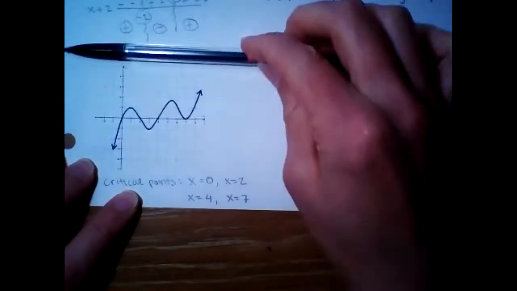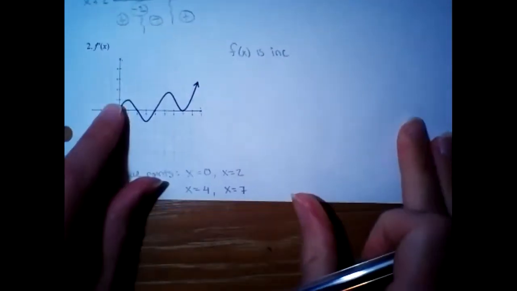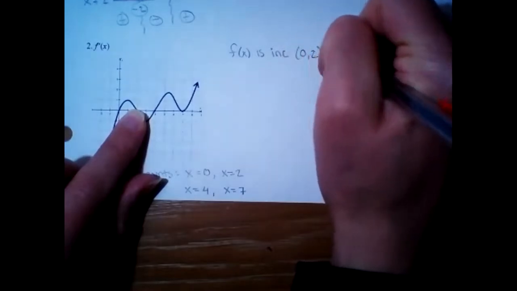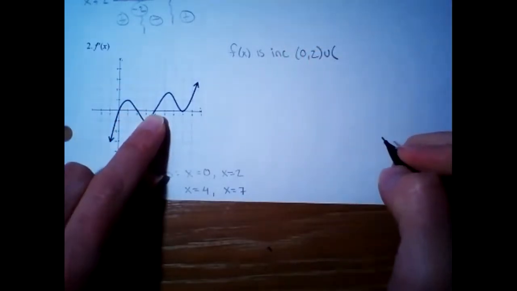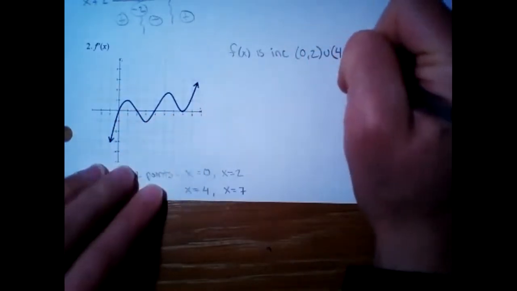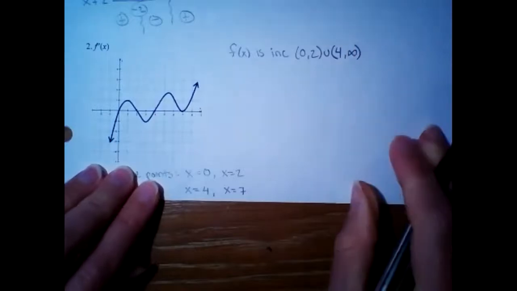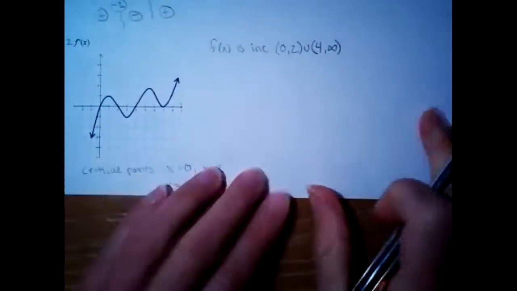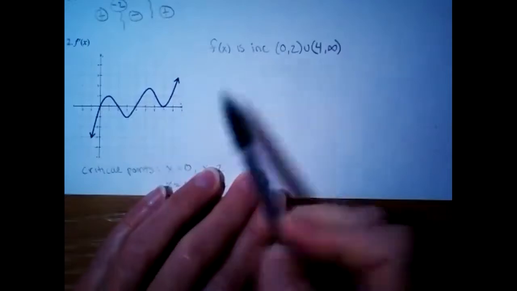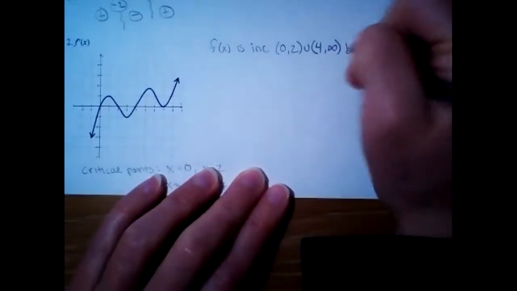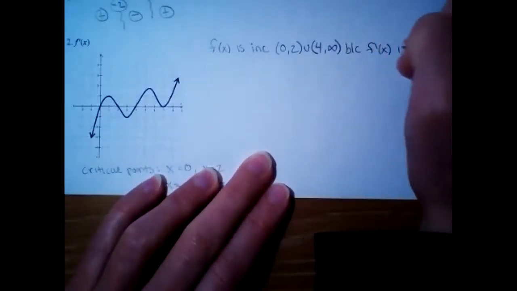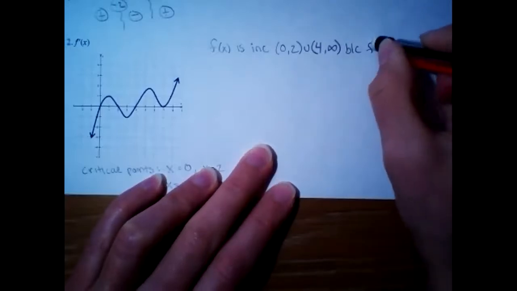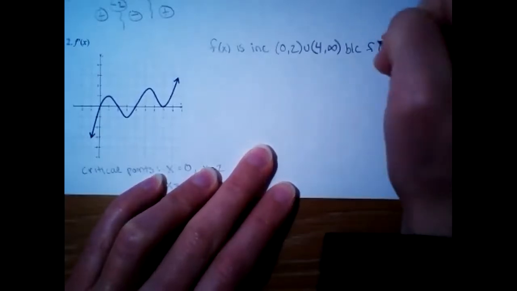So that would be from 0 to 2, and then from 4 onwards. So again, it's where the derivative is positive, so that means above sea level. So 0 to 2, and then from 4 onwards, because f prime is positive there. Sorry, my prime ran into everything there.